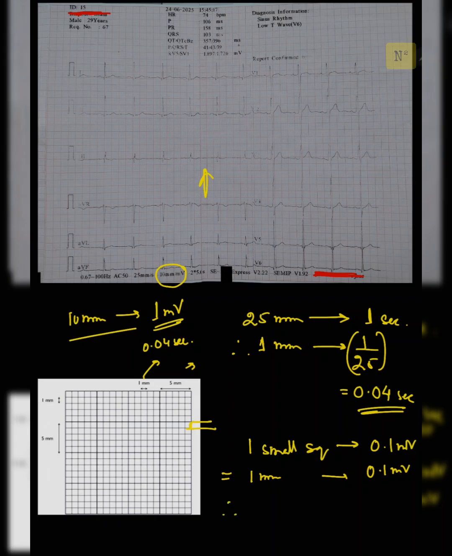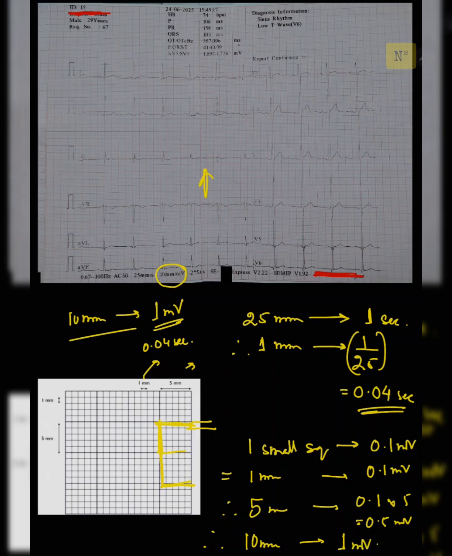Therefore, if I am detecting the volts from one thick line to the next thick line, it will be 5 millimeter, so 0.1 into 5, that is 0.5 millivolt. Similarly, if I have to travel two such big boxes, that is 10 millimeter, you will get 1 millivolt.